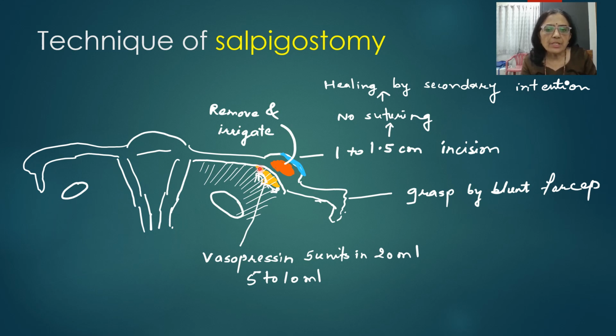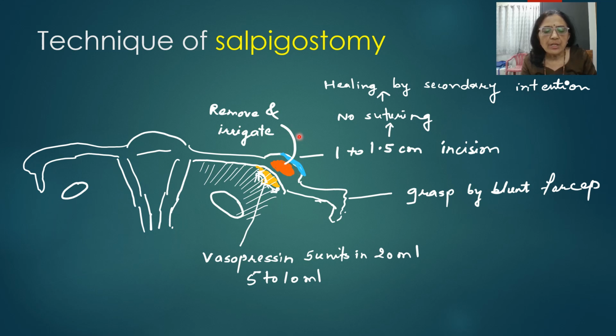It is injected at the proximal and distal end of this distended part of the fallopian tube, so that after instilling vasopressin there will be a blanching, and that will reduce the need for the bleeding points to be cauterized at the end. The more the cauterization, the more there is a risk of damage to the fallopian tube, and that is why this vasopressin might help.